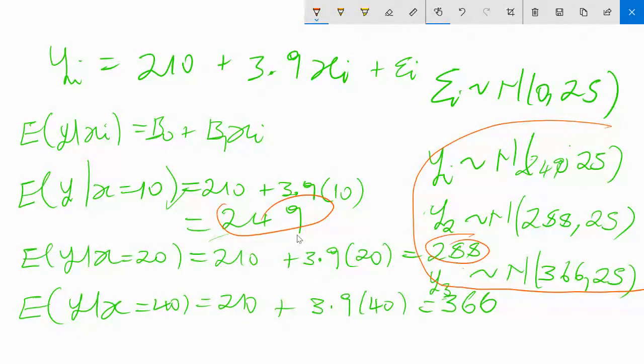Remember we said the expected value, because we want the errors, is equal to the actual value or the observed value minus the expected value for some given value of X.